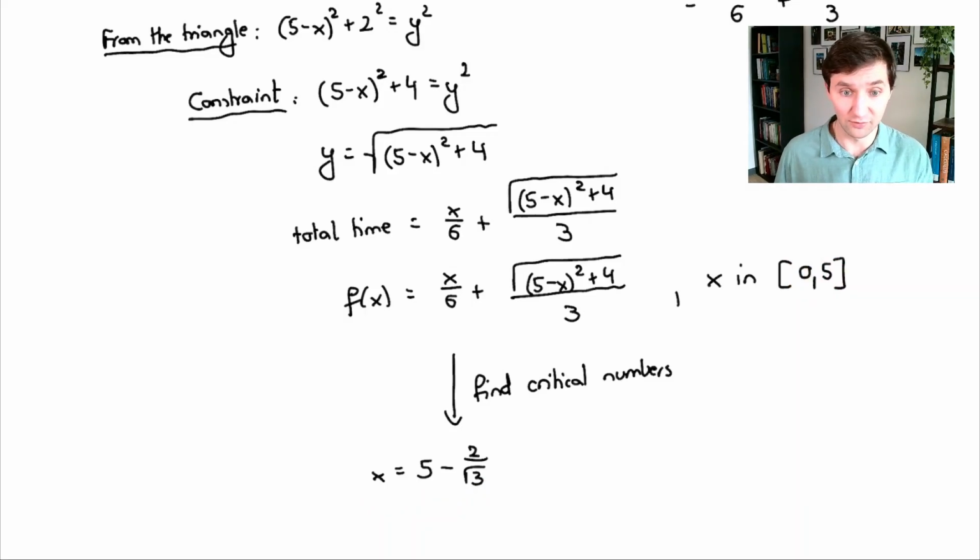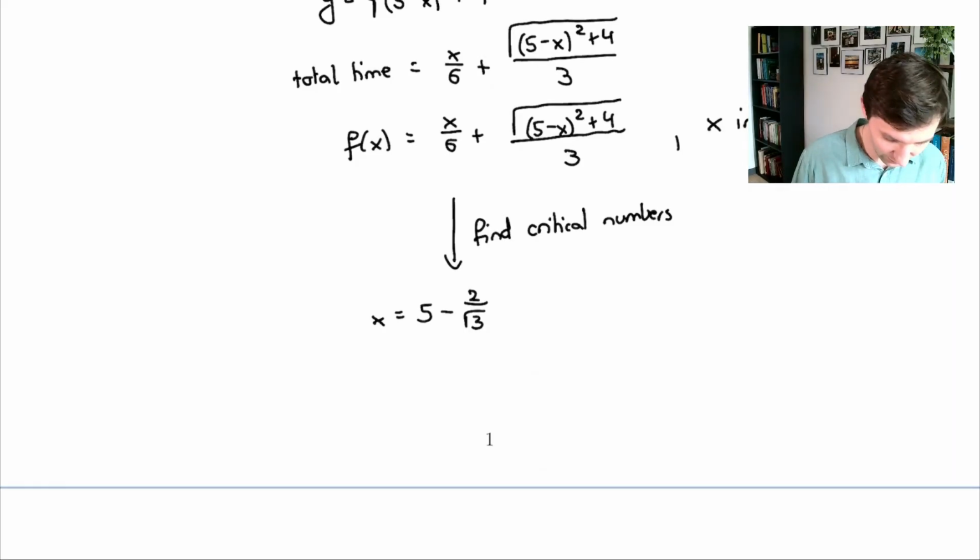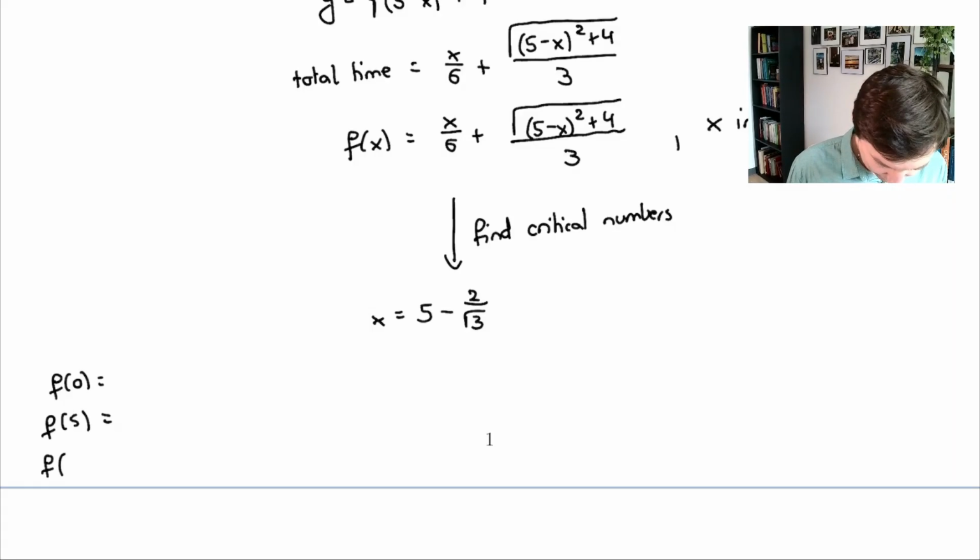I need to know what f of 0 is, what f of 5 is, and what f of 5 minus 2 over the square root of 3 is.